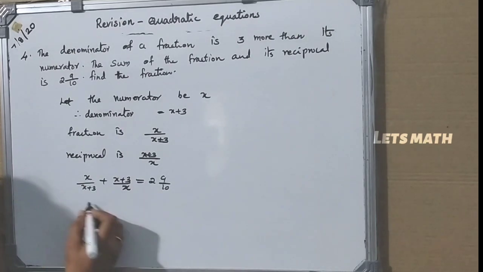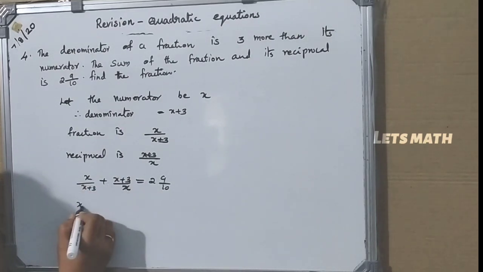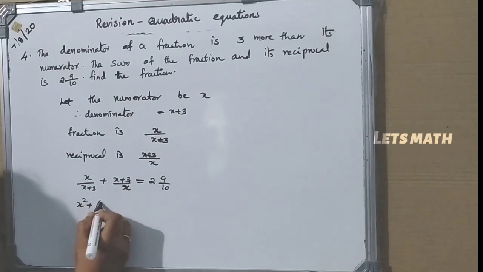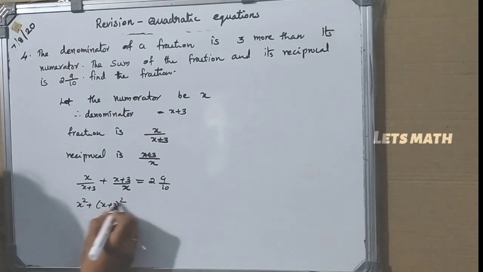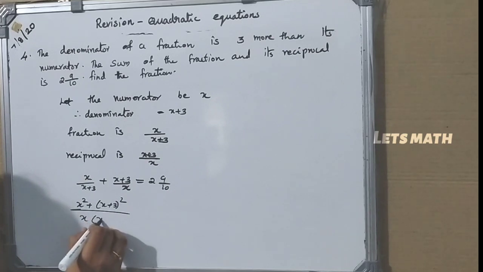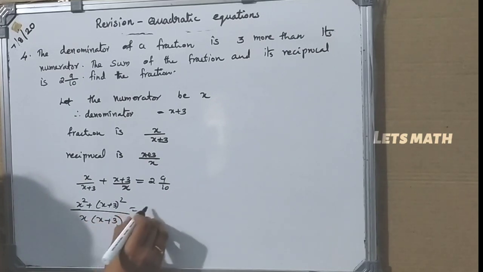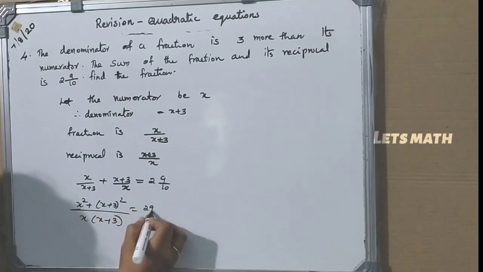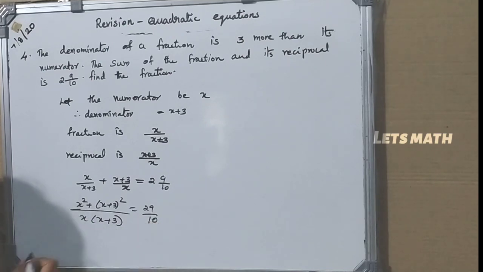Now we can rearrange it. x into x, x square, cross multiply. Into 10, we get 29 by 10. Again cross multiply, rearrange and cross multiply.